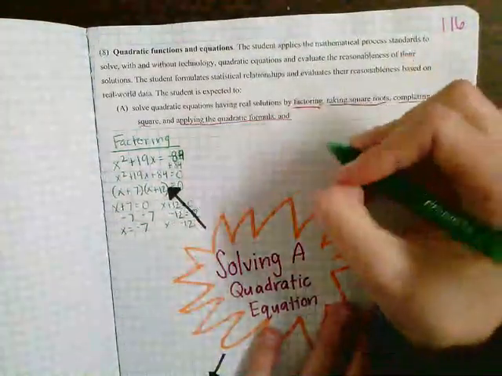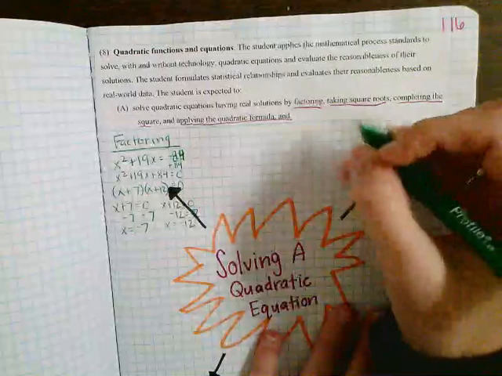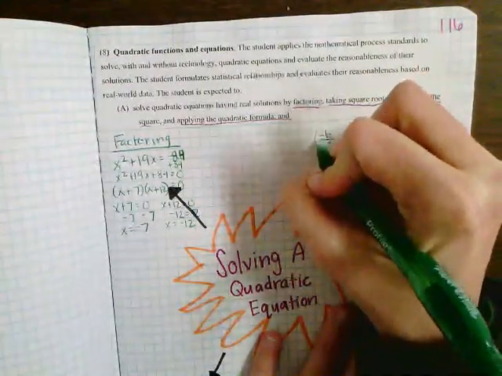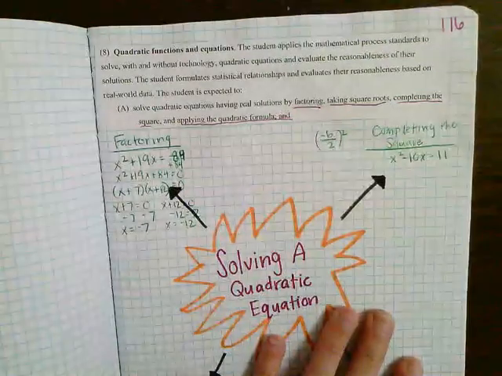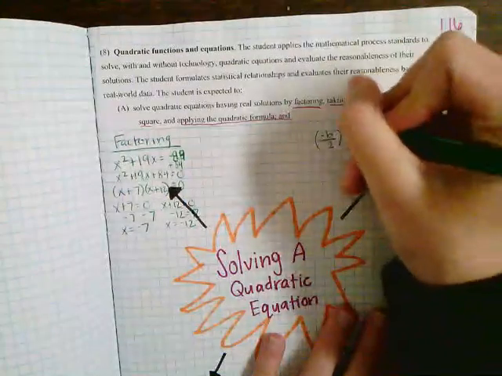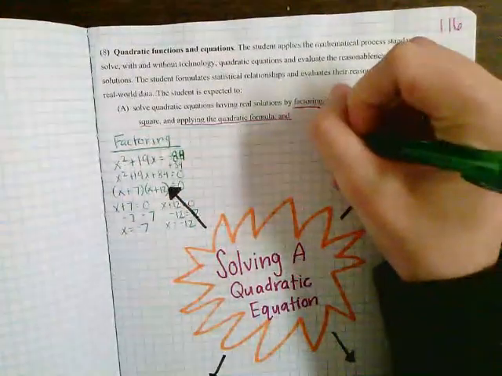So what you have to be able to do is complete that square to make it factorable. So there's an equation to this, and it's b over 2 squared. I'm sorry, it's not negative b, it's positive b.